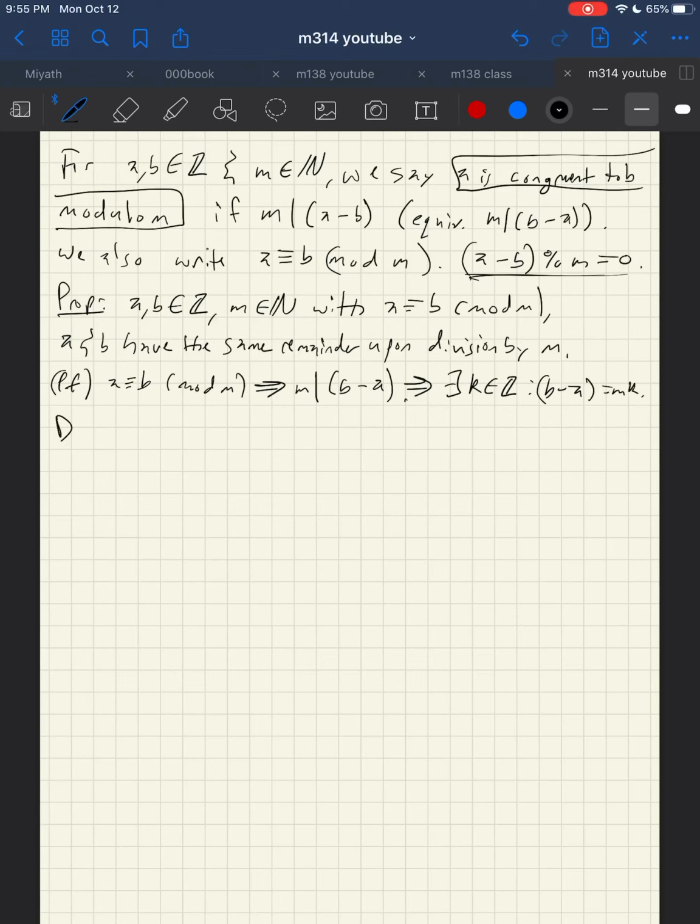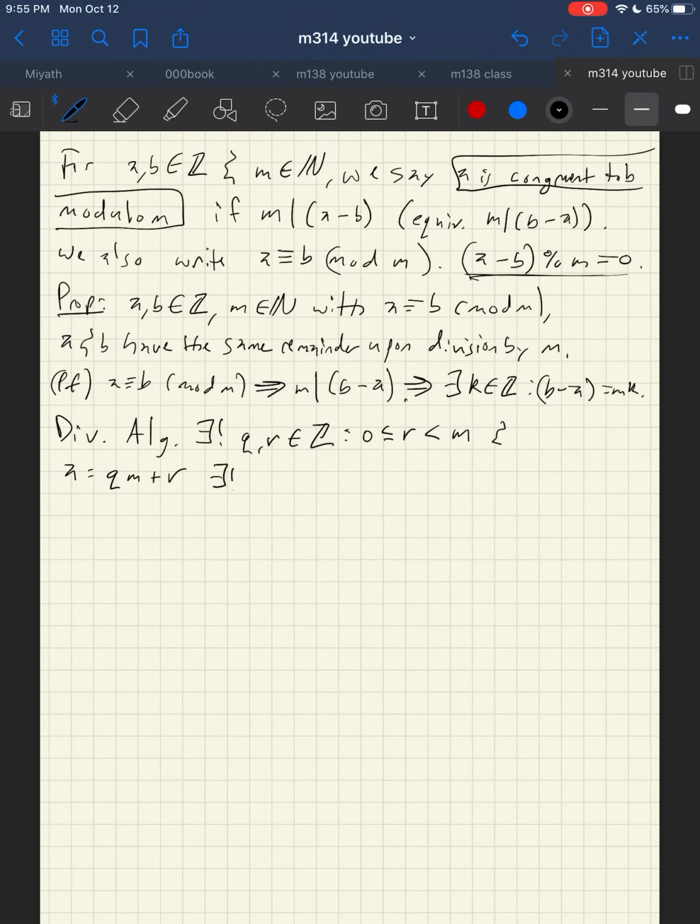Now, the division algorithm tells us that there exist unique integers q and r such that 0 is less than or equal to r, which is strictly less than m, and a is equal to qm plus r.